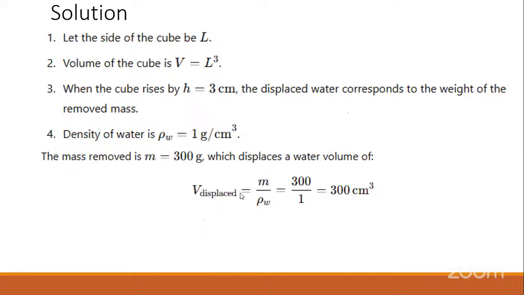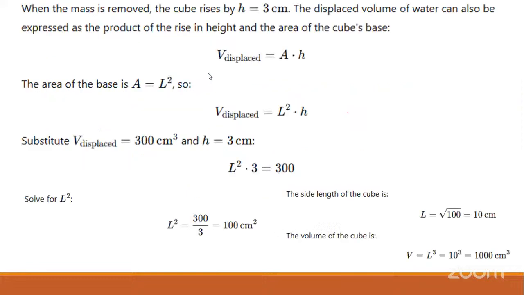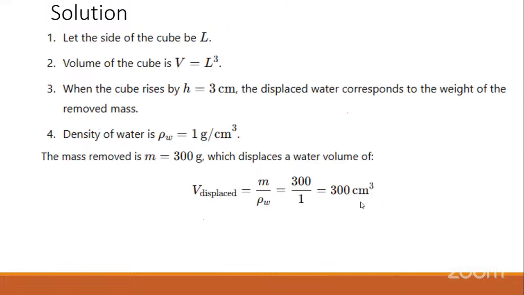So the volume displaced will be mass over density, which is 300 cm cubed. Volume displaced is equal to area times h. Area is L squared, h is height. So we need to find L squared because we already know the volume displaced, which is 300.